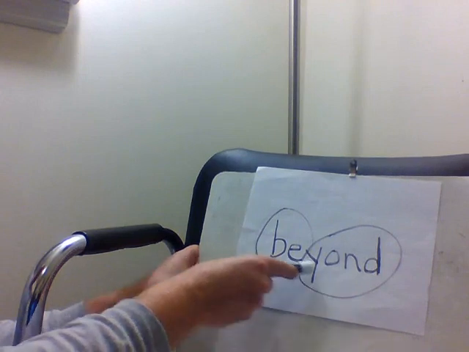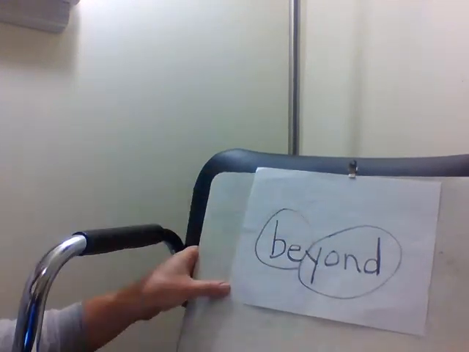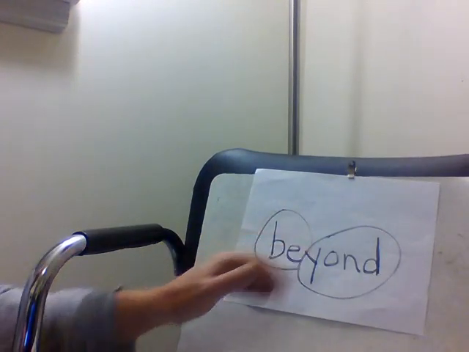So again, this is beyond. A lot of times Y in the middle is that vowel, but in a few words it can be a consonant because it comes at the beginning of a syllable. Alrighty, that is the trick with the Y, okay? Thinking of all those different sounds it can make and using those right sounds to get the right word.